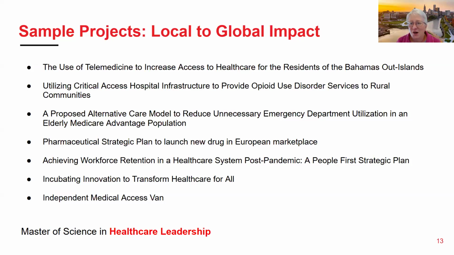It was examined by the city of San Francisco for further funding and further identification of supporting the needs of the unhoused in San Francisco. And then finally, I'll talk about the example of achieving workforce retention in the healthcare system post-pandemic. So this is a large healthcare system in the Mid-Atlantic region, and this student noticed a particular concern with retention, particularly post-pandemic.